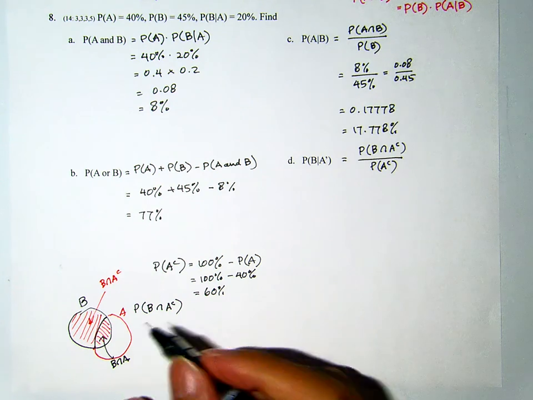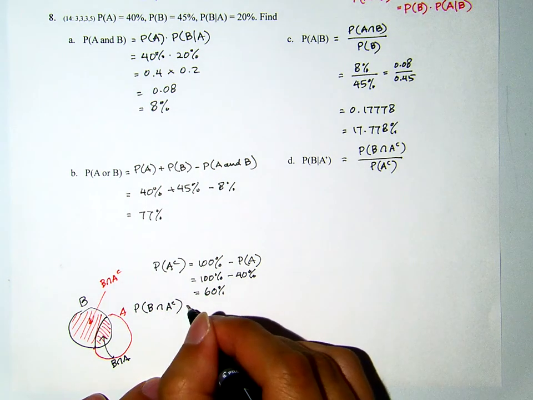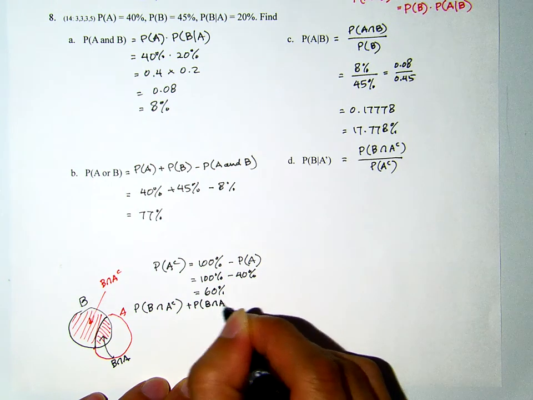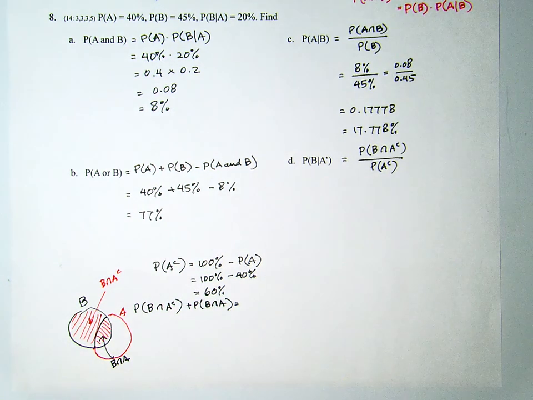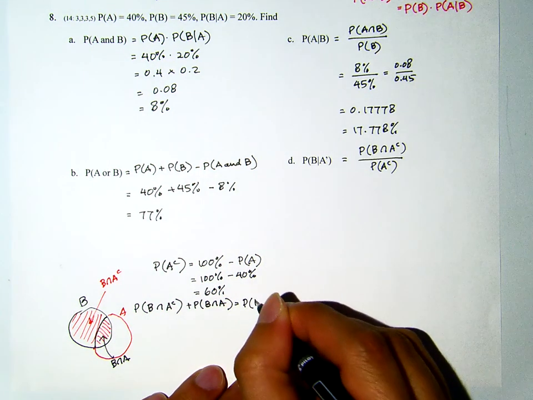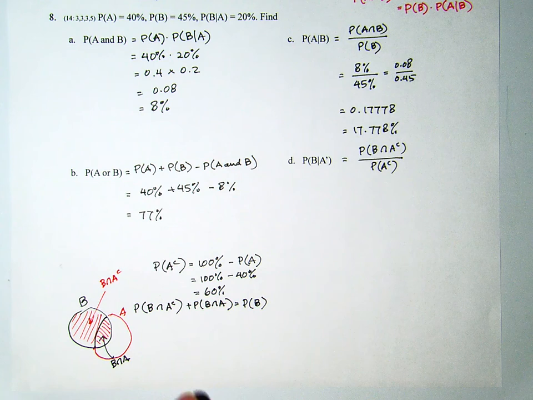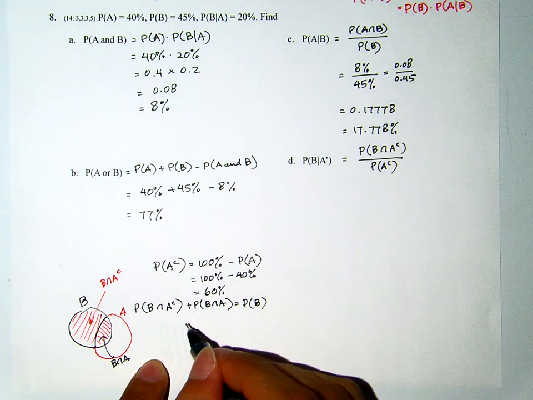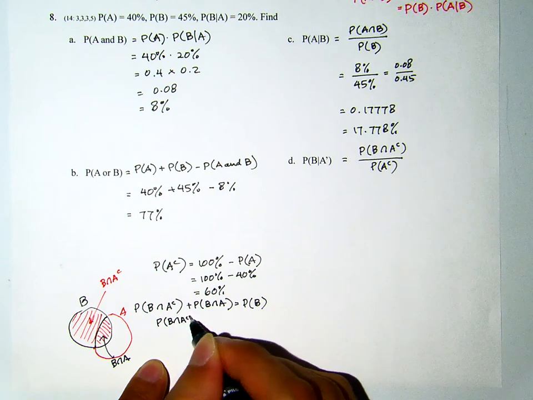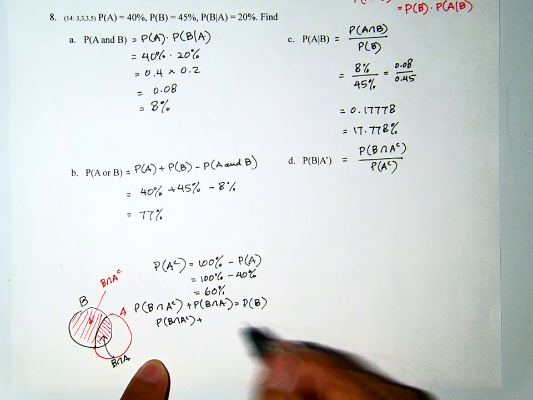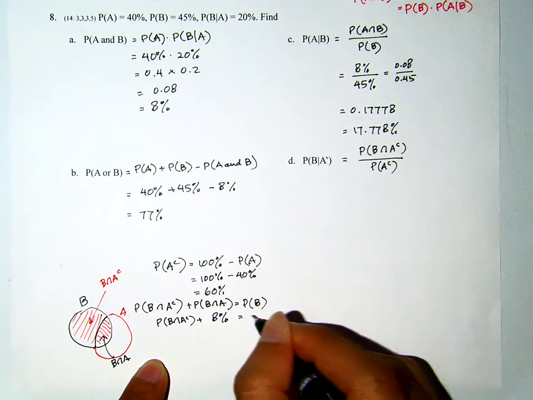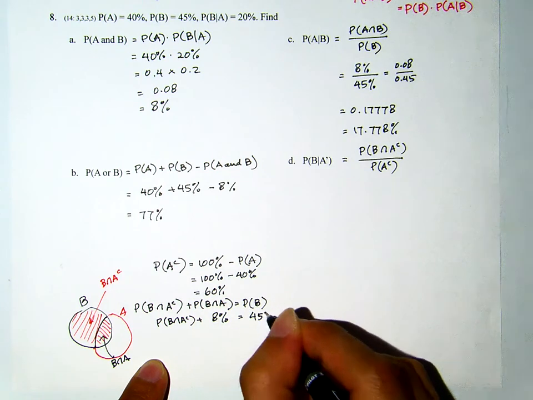In other words, the probability of B and not A plus the probability of B and A equals, if you take a look at that picture, probability of B. Now, we already know these two, so probability of B intersect A complement plus the probability of A and B, which is 8%, equals probability of B, which is 45%.